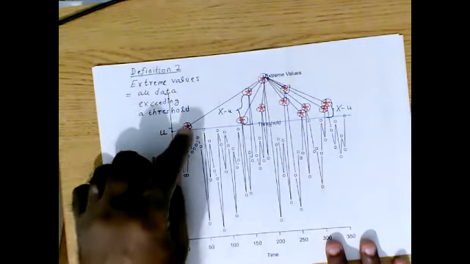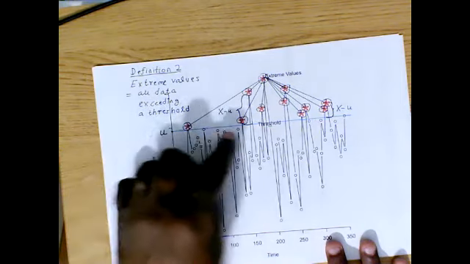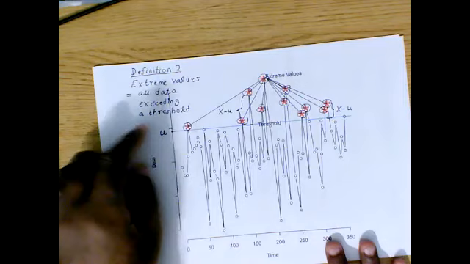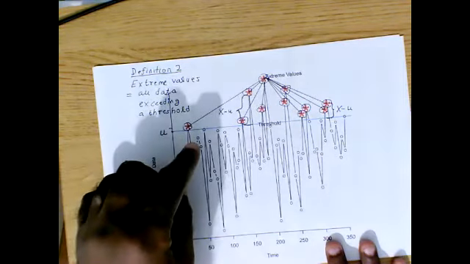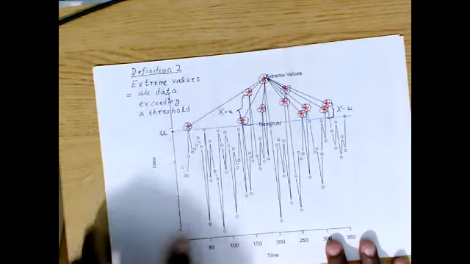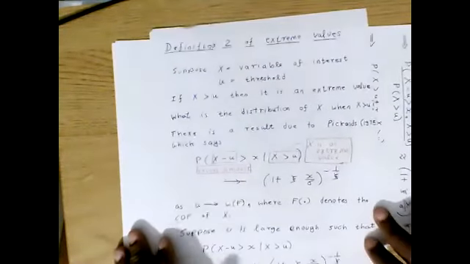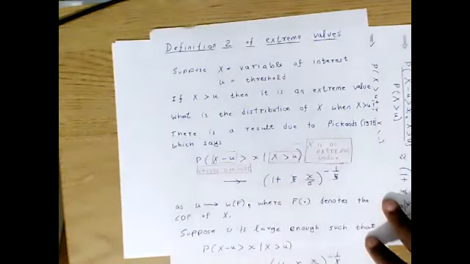So if data points go above this line, then they are considered to be extreme values, right? So in this picture, you have 11 extreme values, right? So this is basically summarizing the definition of extreme value.